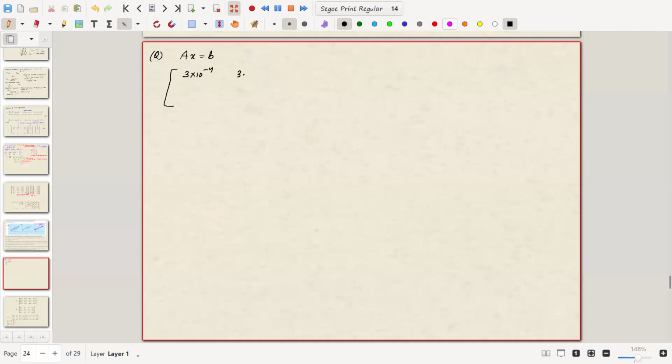A very tiny number. Can you solve for x1 and x2?